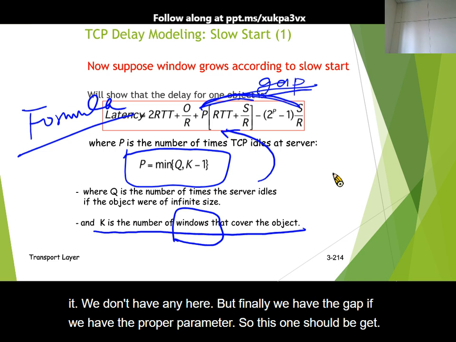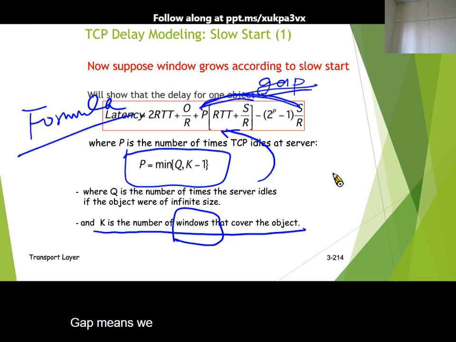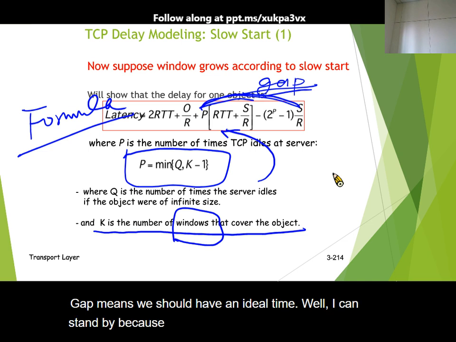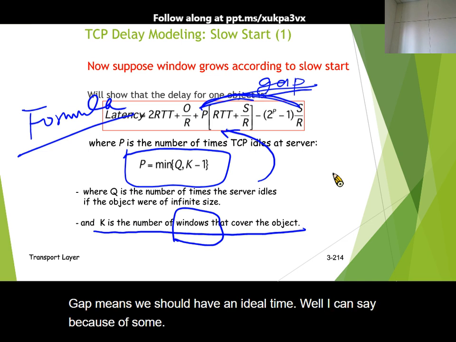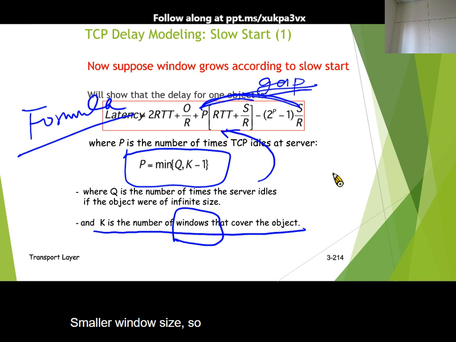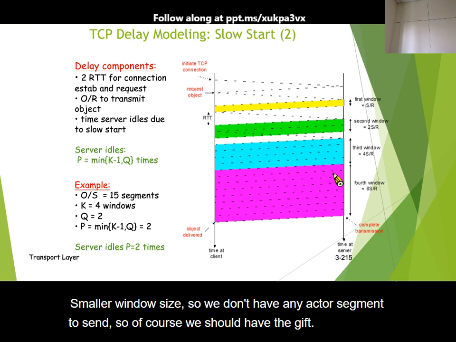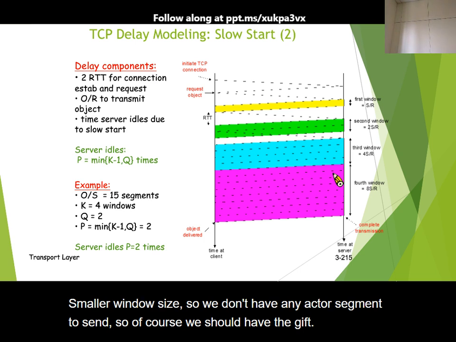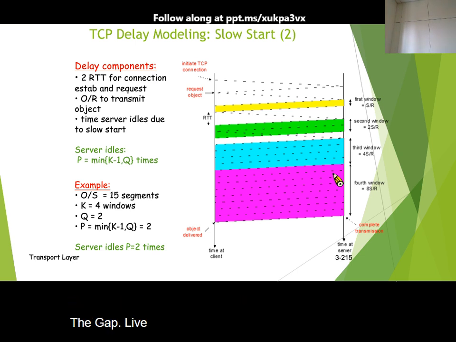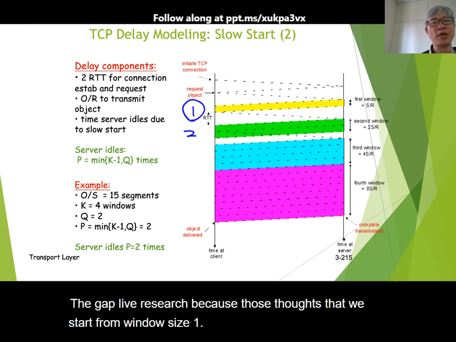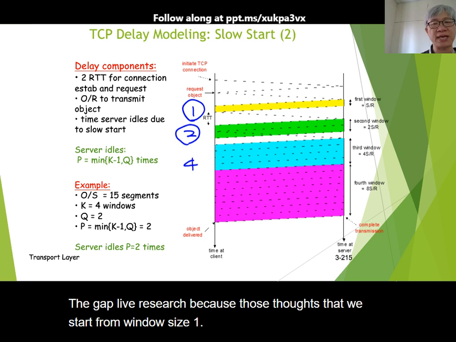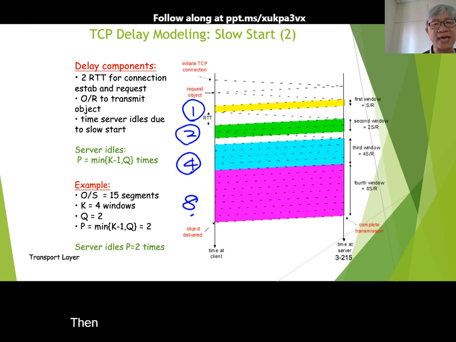If we have the proper parameter, this one should be the gap. Gap means we should have idle time. Well, I can say, because of some smaller window size, we don't have any extra segment to send. So of course we should have the gap. Because of slow start, we start from window size 1, then window size 2, then window size 4, then window size 8.